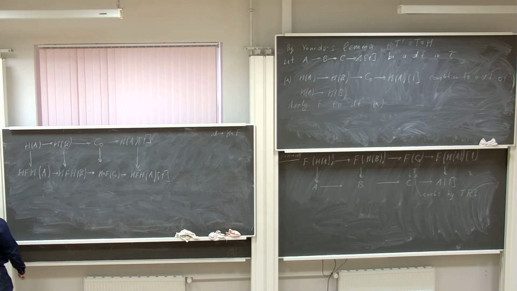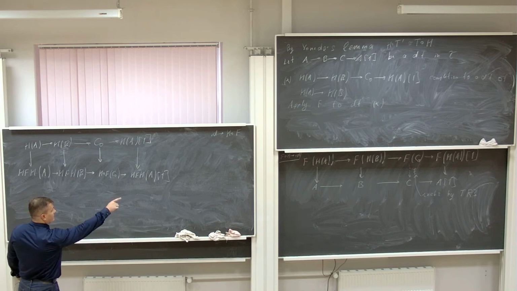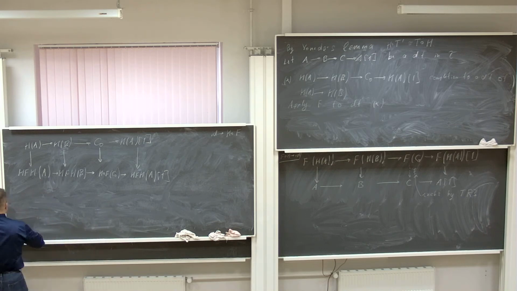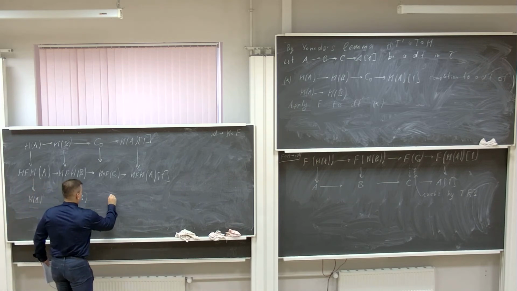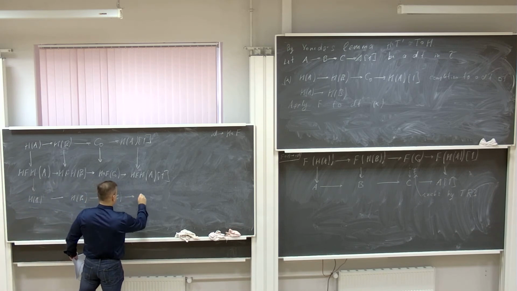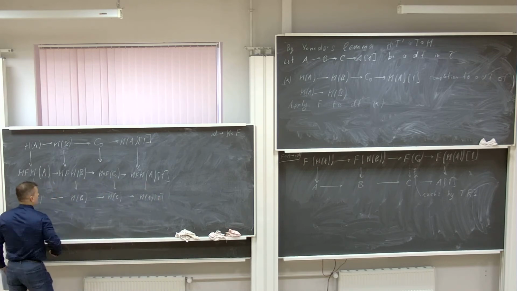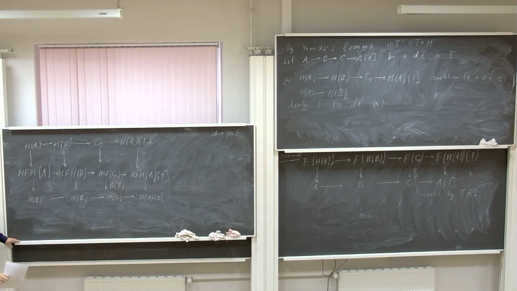And now we need to take the previous diagram, apply functor h to this diagram, and then I'll get the map from the second row to the third row, which will be the h of A, then h of B, and h of C. Okay, so I have 2 steps here.